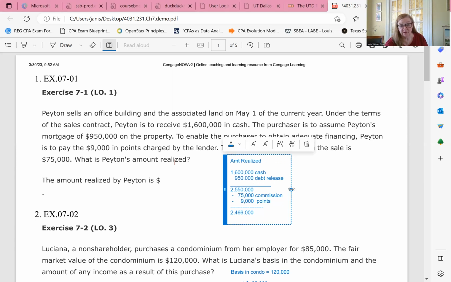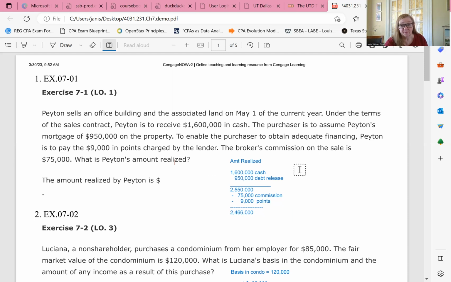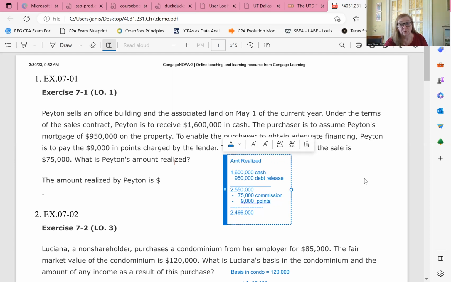That's this calc I've got here. Then from that, we have to reduce by the selling expenses. There are two pieces of the selling expense in this case. One was the commission of $75,000 that he paid to the broker. The other is the points he had to pay in order to transfer that loan over to the purchaser. So those costs, 75 and 9, equal $84,000 of selling expenses.